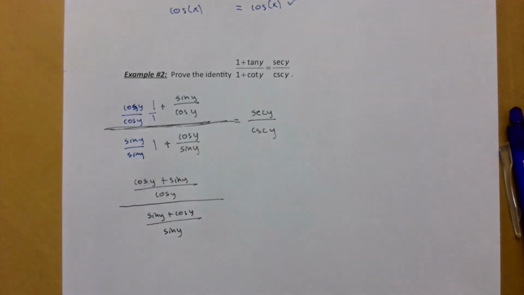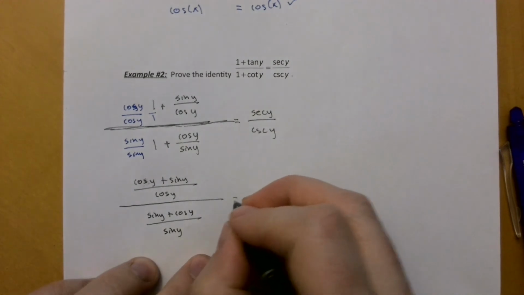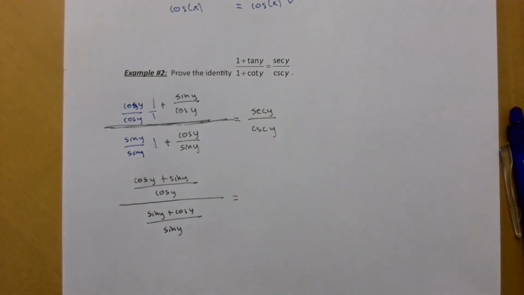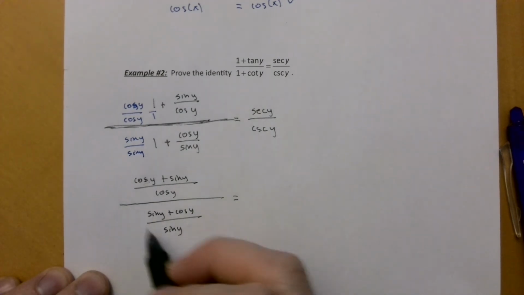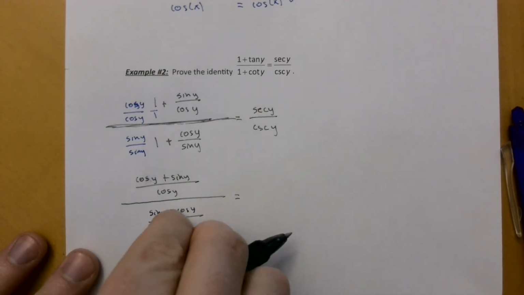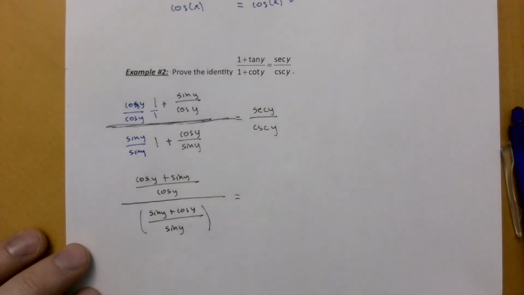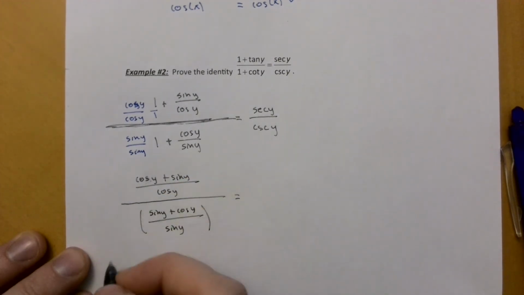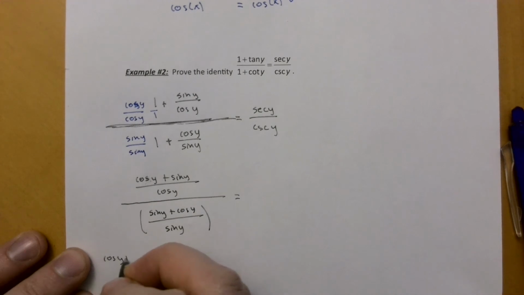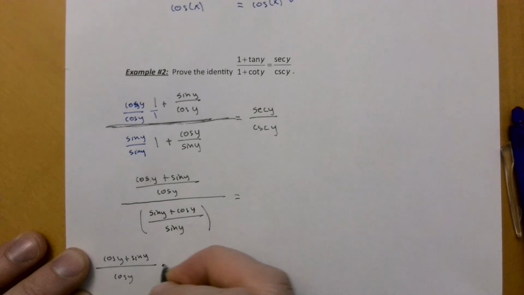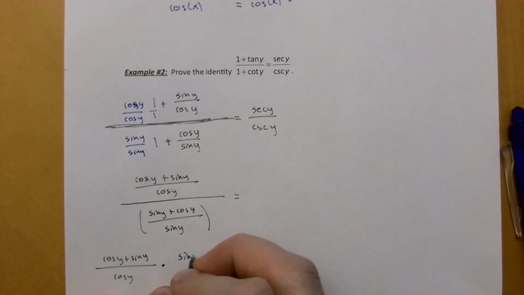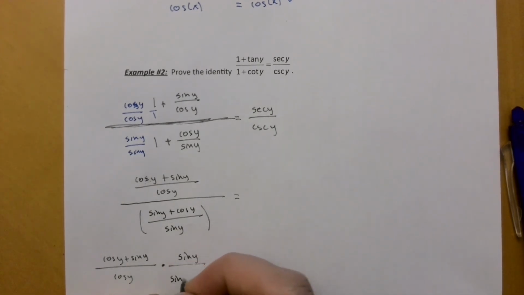All right. Again, this is supposedly all equal to secant over cosecant. Now, you know how to divide fractions from your work with algebra. You multiply by the reciprocal of the thing you're dividing by. So this becomes, leave that numerator as it is, cosine y plus sine y all over cosine y. And it's now going to become times sine y all over sine y plus cosine y.